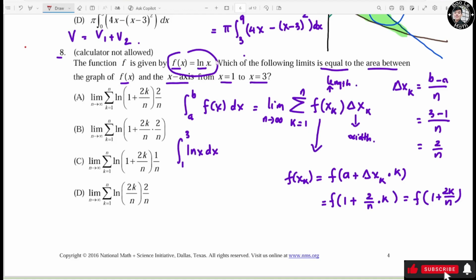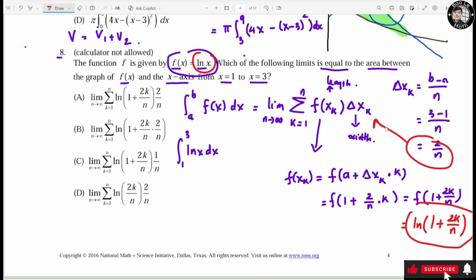Function f of s is ln s, so it's going to be ln of 1 plus 2k over n. So we substitute this into this formula.